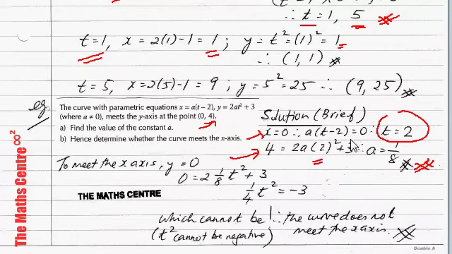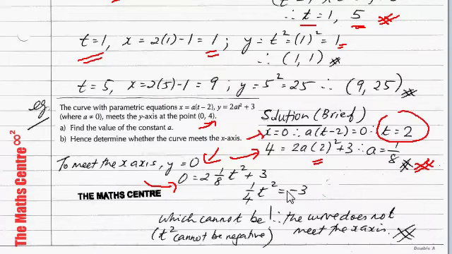Now you are asked to determine whether the curve meets the x-axis. So when any curve meets the x-axis, y equals 0. That's a fact. So let's go ahead and set it up. y equals 2at squared plus 3, so y is 0, so 0 equals 2 times 1 over 8, t squared plus 3, and when you clean this up you will get 1 over 4 t squared equals minus 3.